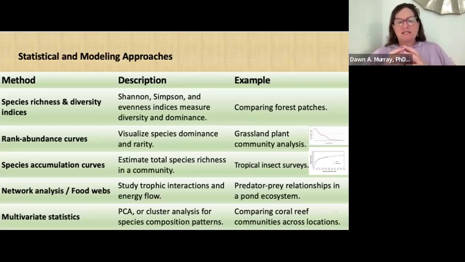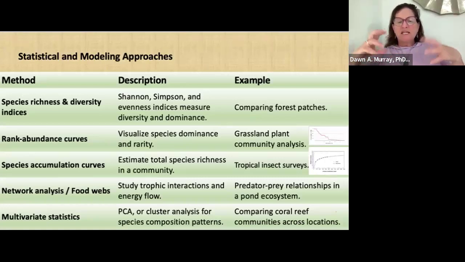All right, a rank abundance curve helps you visualize species dominance and rarity. They often look something like this, a really simple kind of curve. That might be grassland plant community abundance, let's say, or community analysis. This is an ecological tool, and it displays the relative abundance of species within a community by plotting species abundance against their rank order.